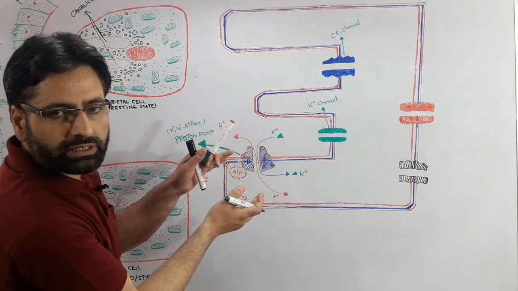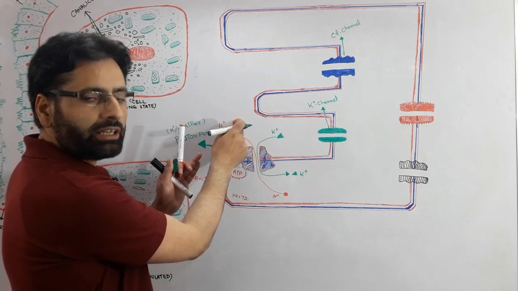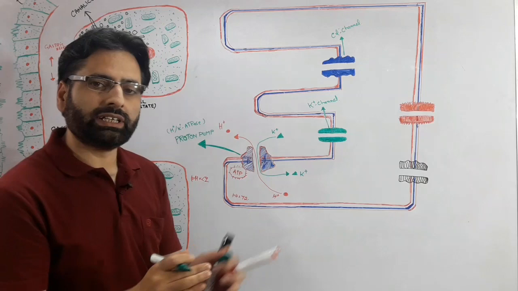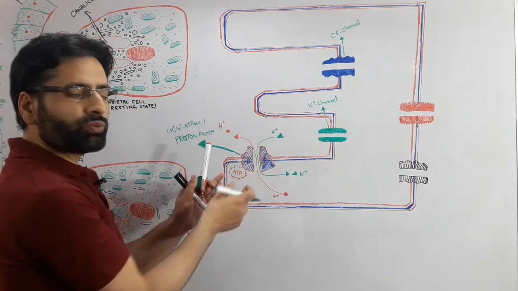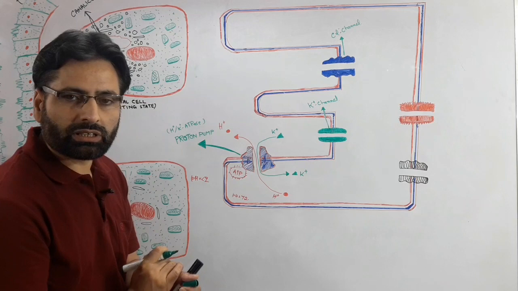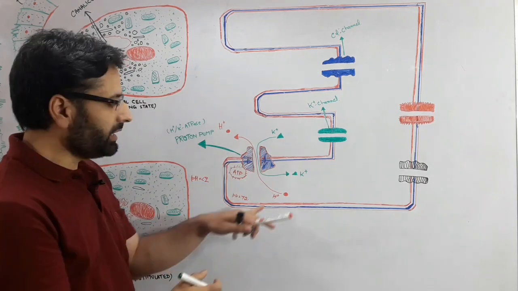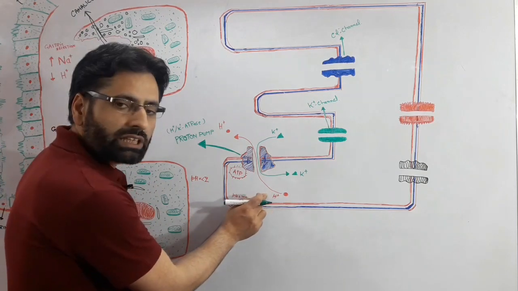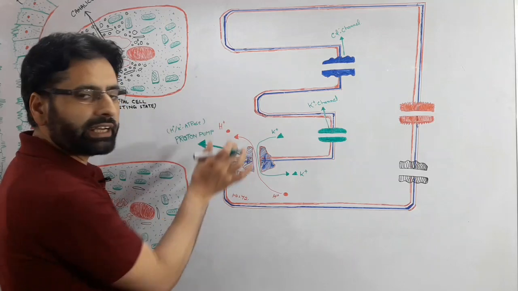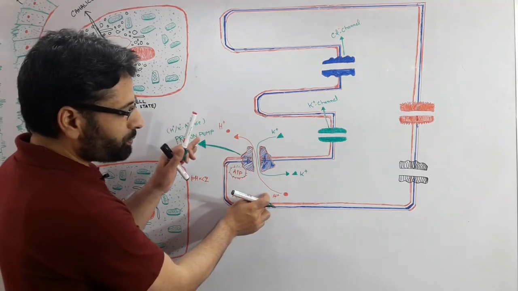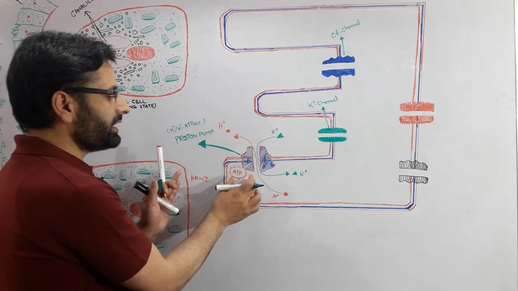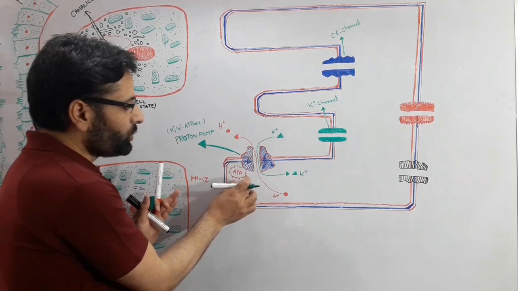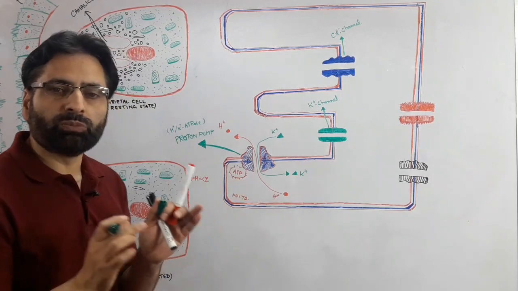Electrically it is neutral. That is, one positive charge is expelled outside the cell and another positive charge is moved inside the cell. So electrically it is neutral, but it uses one ATP molecule in this exchange of the potassium ion and the hydrogen ion. Why does it use one ATP molecule? Because the concentration of these protons on the luminal side is very high. So to move this H positive ion against the concentration gradient, this hydrogen potassium ATPase, or proton pump, utilizes one ATP molecule.